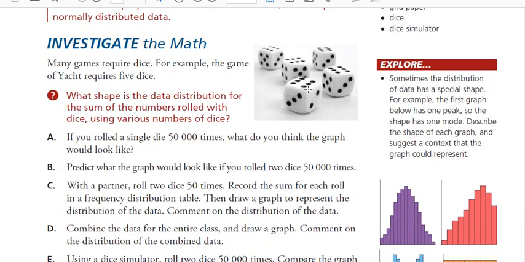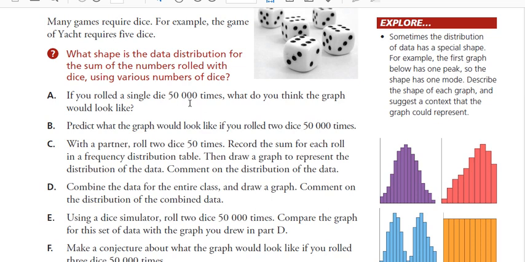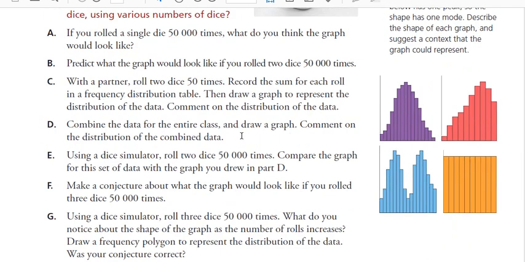Now, there's a number of different activities we could do. We could roll dice 50,000 times, and we could count what numbers show up. That would take us a long time. Certainly, if we were to do an activity like that, we would see one of these four patterns show up.